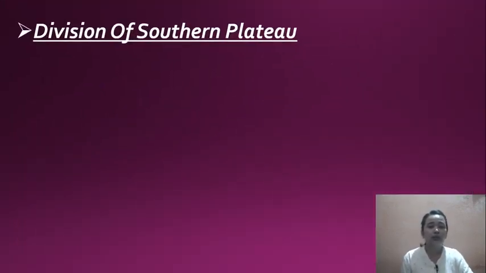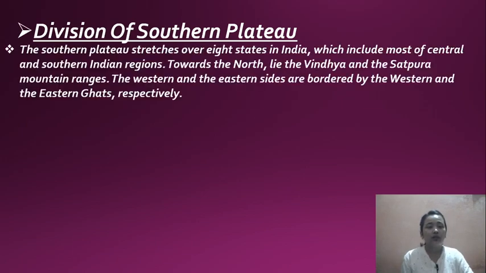Division of the Southern Plateau. The Southern Plateau stretches over 8 states in India, which include most of the central and southern Indian region. Towards the north lie the Vindhya and the Satpura mountain range.